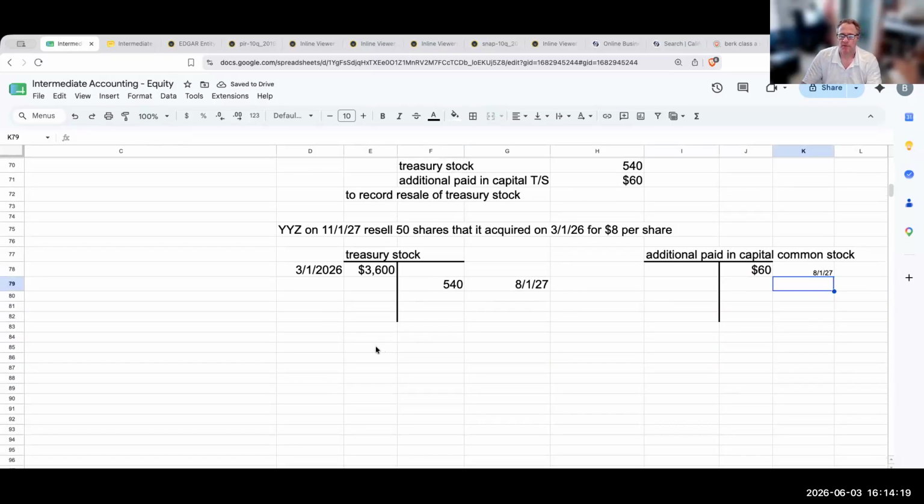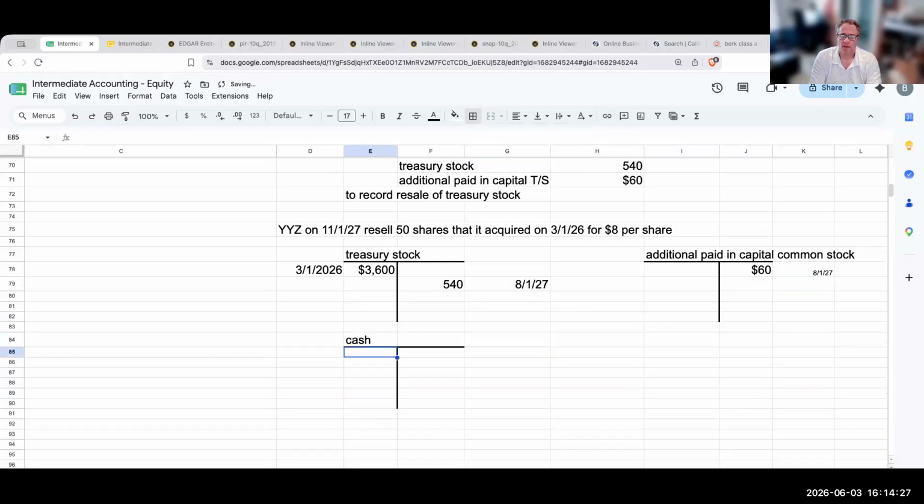Now, when it comes to doing the new transaction, the first thing we always do is ask, how much cash did we receive? Well, we sold 50 shares at $8 per share, or basically $400.